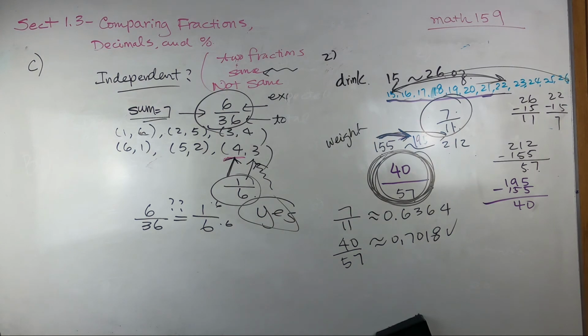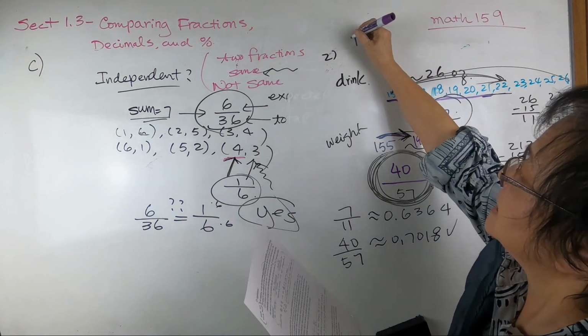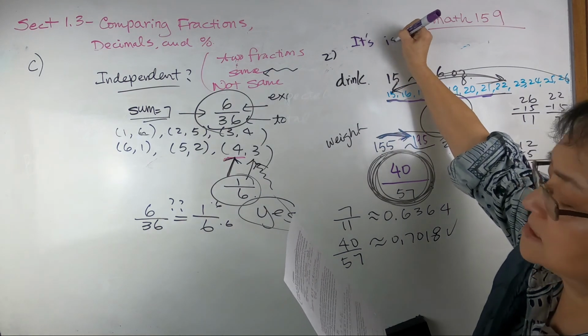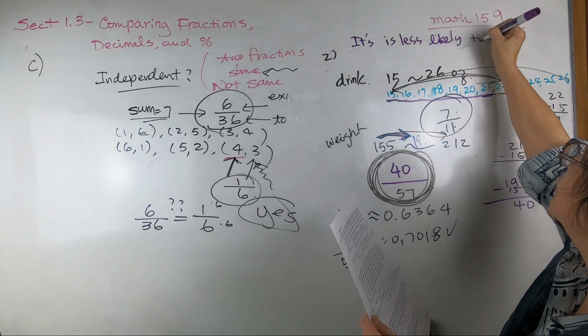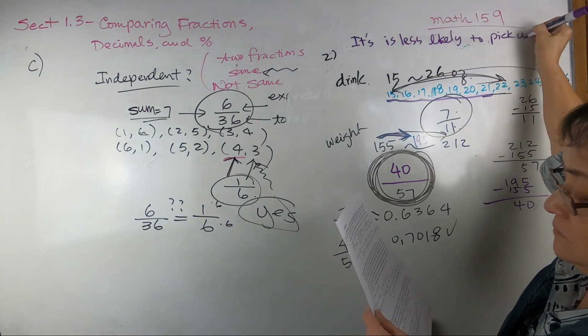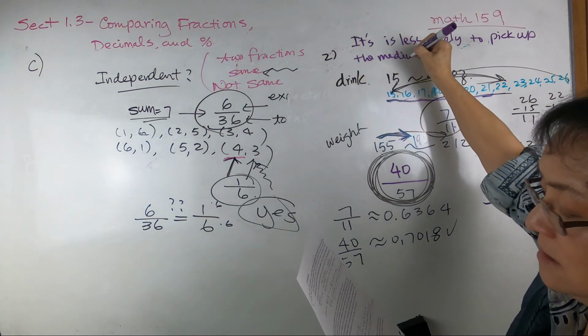Okay? So what are we talking about? So we are saying, okay, 40 out of 57 is easier to get there. It means what? So your conclusion would be this way. It is less likely to pick up the medium-sized drink, right?